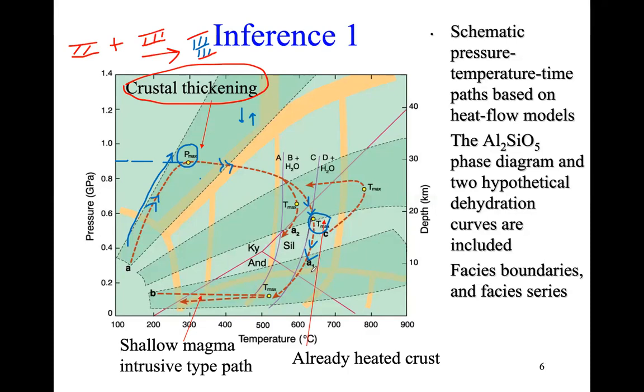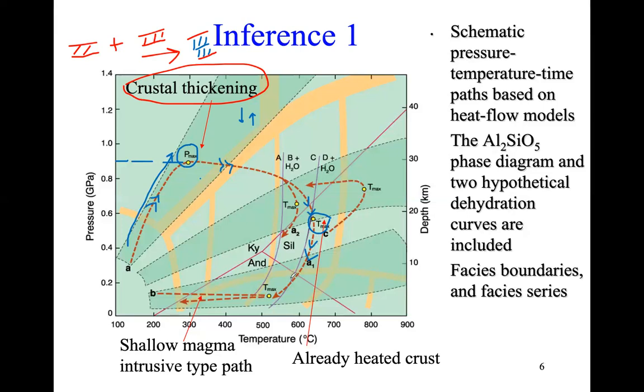Quick pressure decrease means sudden uplifting, sudden upliftment. Right? So this is the segment where upliftment is shown. So most probably the erosion must have started by this time. So therefore, this pressure decrease, or uplifting of the rocks, exhumation of the rock is happening, right?